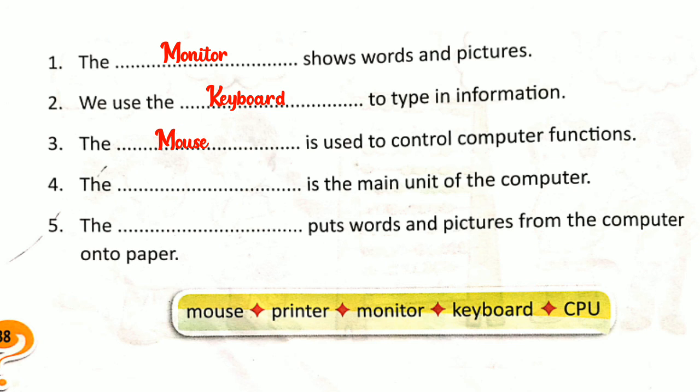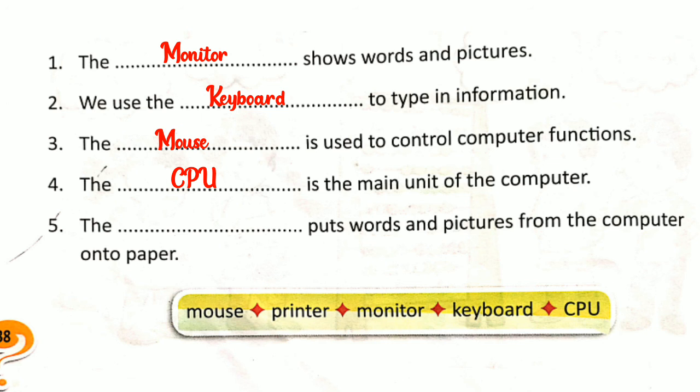Okay, now number 4. The blank is the main unit of the computer. So what is the main unit, or brain of the computer? It's the CPU. Very good. Okay, now number 5 and last.